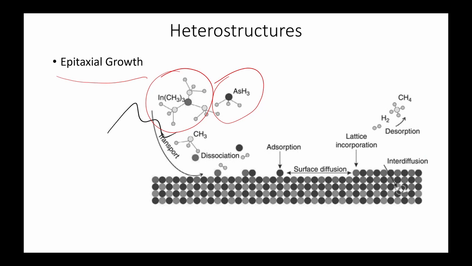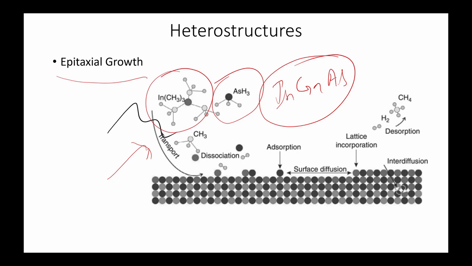And if we want to deposit indium gallium arsenide, there will be one more precursor, a gallium precursor, in the chamber. So that will grow indium gallium arsenide. In this case we have only two precursors, indium and arsenic, so it will grow indium arsenide.